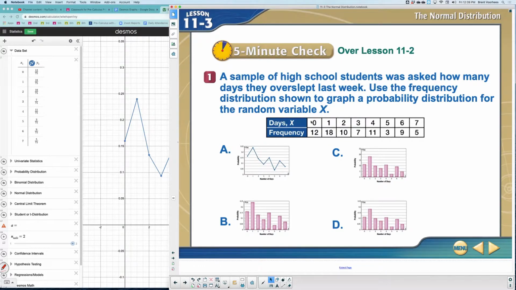I think I was reading that as minutes earlier, but this is how many days of the week they overslept. And you can't oversleep 1.5 days. So this one is out because that is continuous data, even though it looks like our graph. That's why this one is out.